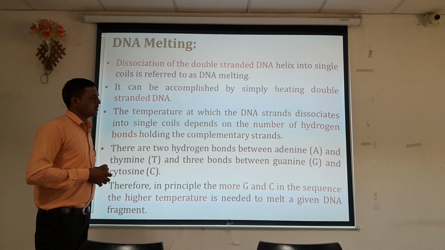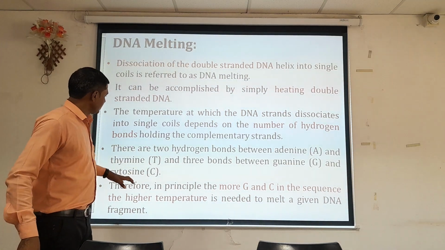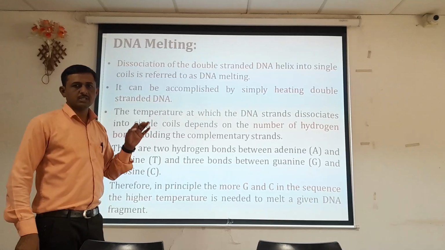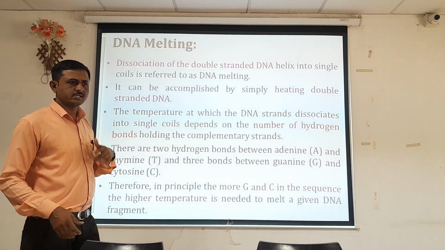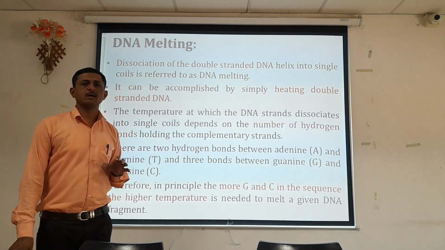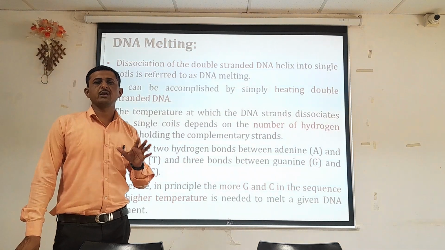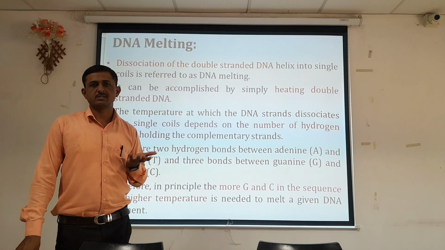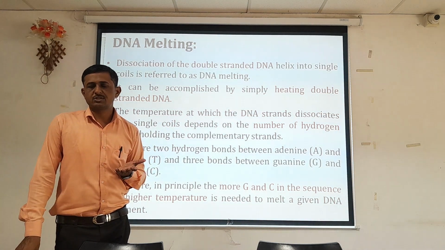There are two hydrogen bonds between adenine and thymine, and three hydrogen bonds between guanine and cytosine, as we already discussed in the previous lecture on the molecular structure of DNA. Adenine always pairs with thymine by forming two bonds, while guanine always pairs with cytosine by forming three bonds.